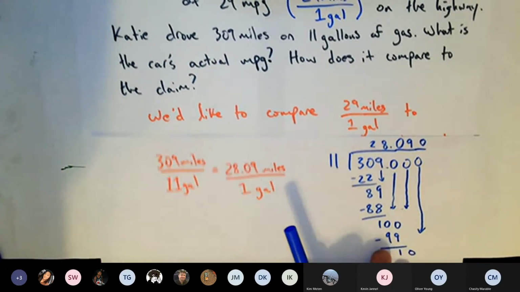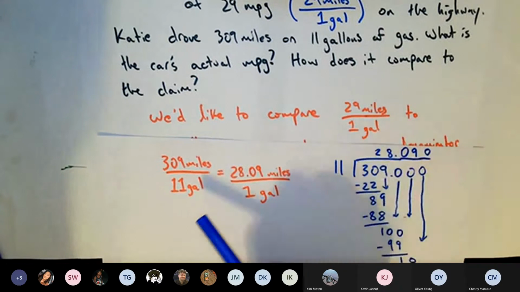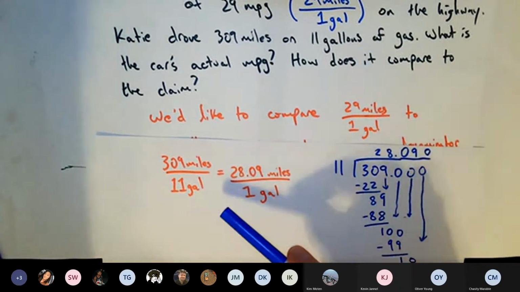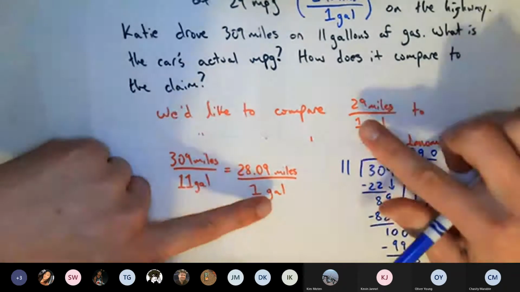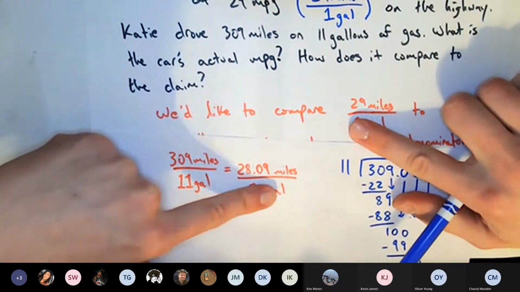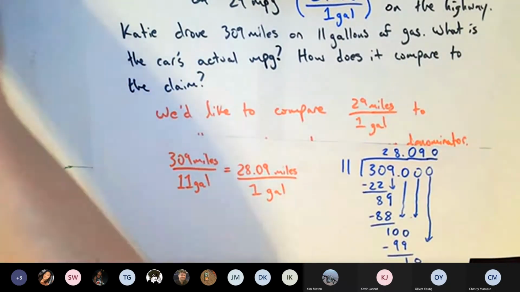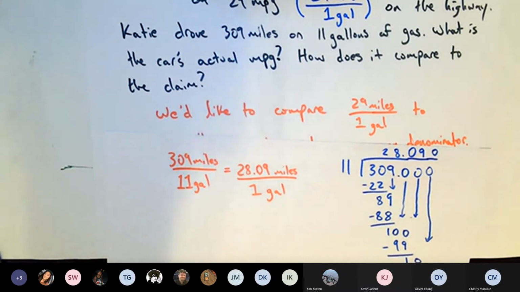And by the way, now that they both have a 1 in the denominator, I'm just directly comparing the numerators, right? Once both of the denominators are 1, you pretty much ignore them and you're just comparing the numbers on top, those numerators.